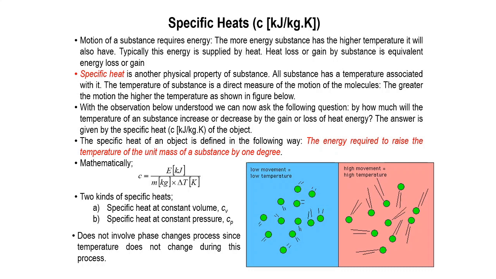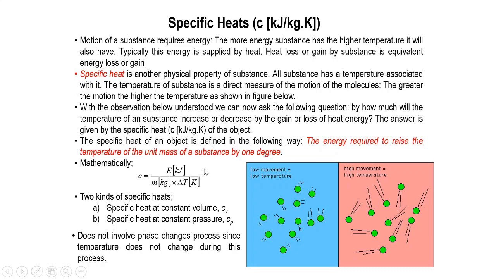The specific heat of an object is defined as the energy required to raise the temperature of a unit mass of substance by 1 degree. Mathematically, we get C, specific heat, equals energy, kilojoule, divided by mass, kg, times the difference in temperature, Kelvin.